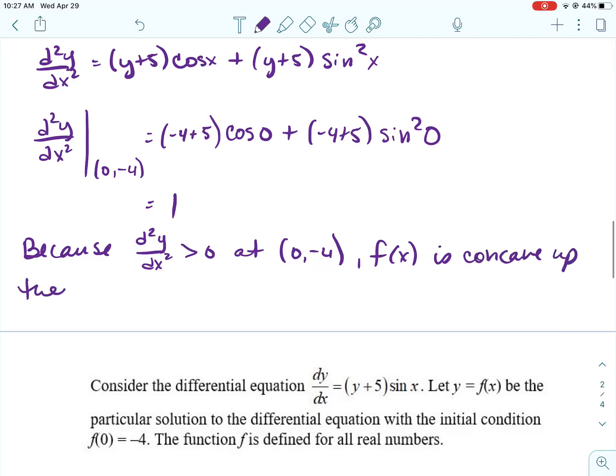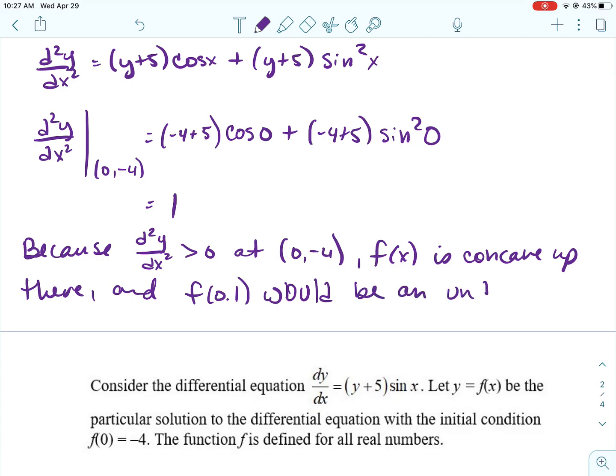And so because the second derivative is less than 0 at (0, -4), f of x is concave up there. And f of 1 would be an underestimate. Sorry, I've been doing this too long today.